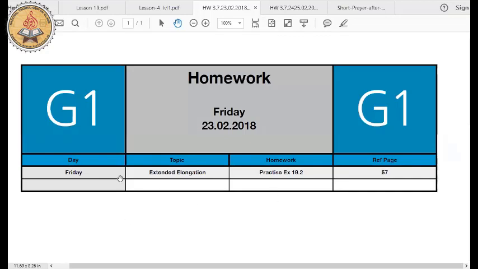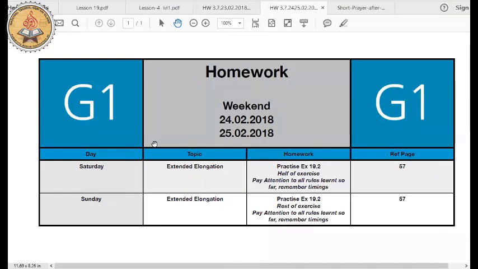All of the students are going to practice exercise 19.2, which you find in the Tashilul-Quran book on page number 57, or you can get it from the website. Practice exercise 19.2 today, and over the weekend on Saturday, practice half of exercise 19.2 again, paying attention to all the rules learned so far and remembering the timings.